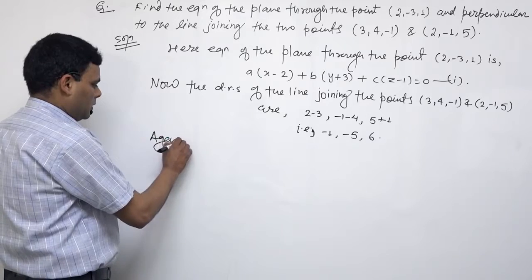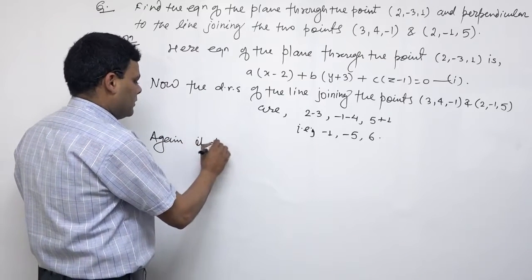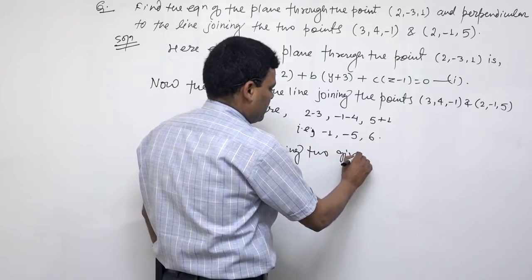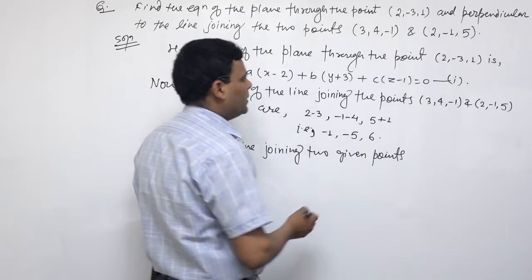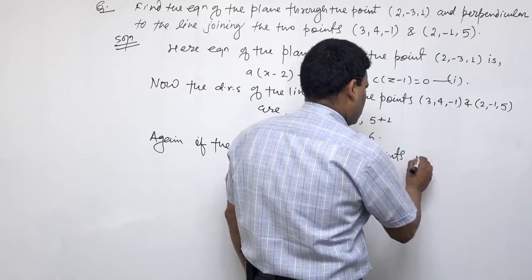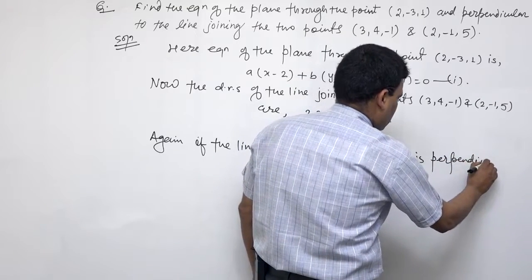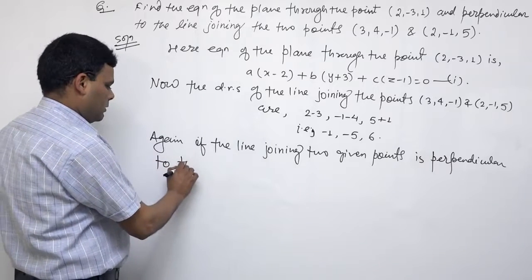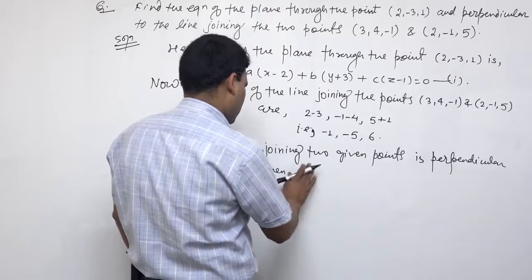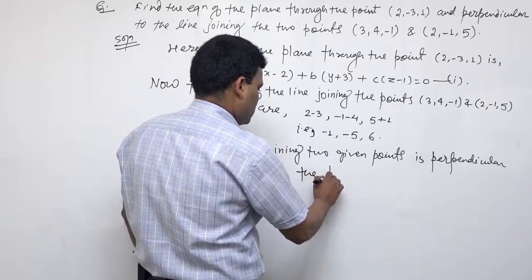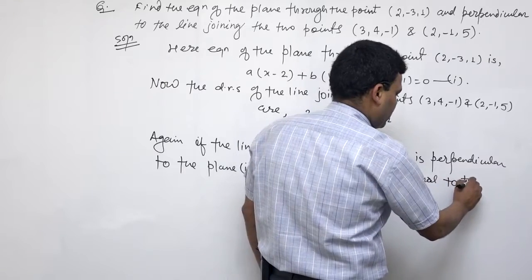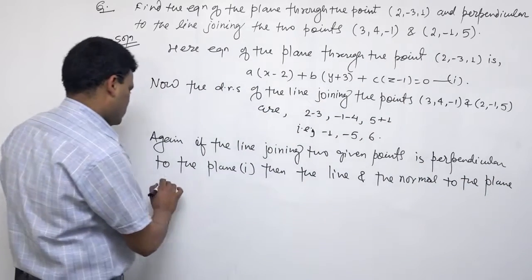Again, if the line joining the two given points is perpendicular to the plane 1, then the line and the normal to the plane must be parallel to each other.